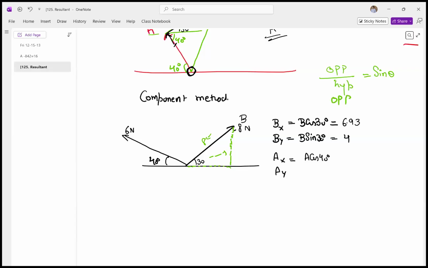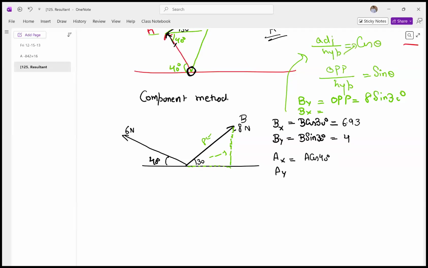Opposite equals hypotenuse, which is 8 times sine of 30 degrees, which will give you By. Same way, Bx value will be adjacent upon hypotenuse equal to cos theta. That's what we did.